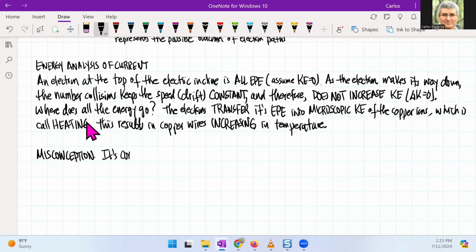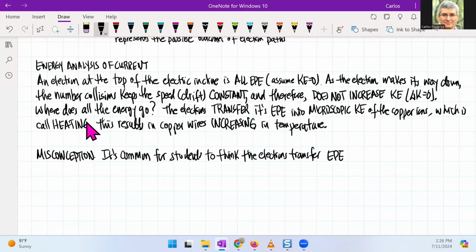It's common for students to think the electrons transfer electrical potential energy into kinetic energy of the electrons.